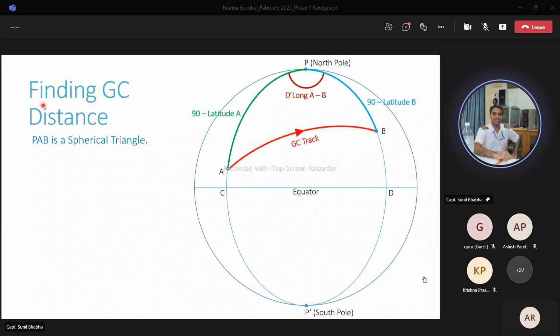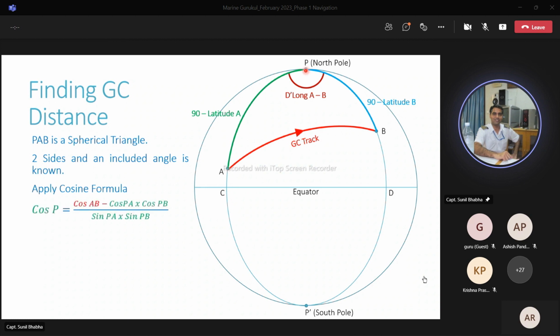So we now know that this triangle PAB is a spherical triangle and two sides and an included angle in this triangle are known to us. So we can apply the cosine formula. Let's apply the cosine formula for angle P. So cos of any angle is equal to cos of opposite side minus cos of adjacent side 1 multiplied by cos of adjacent side 2, whole divided by sine of adjacent side 1 multiplied by sine of adjacent side 2.